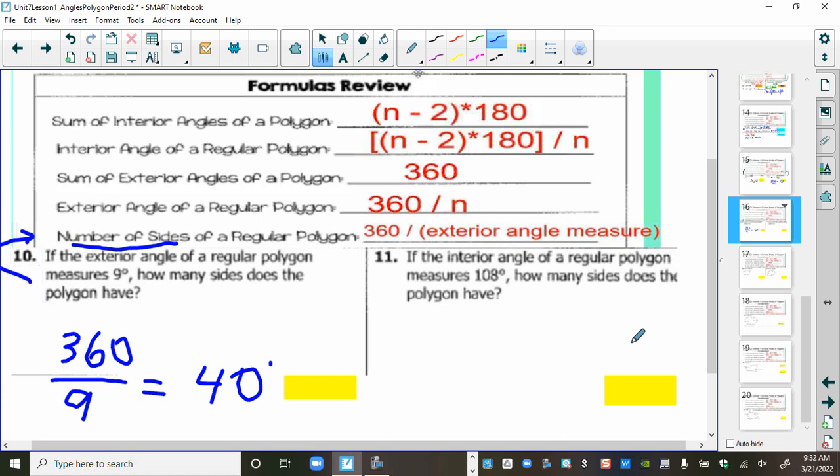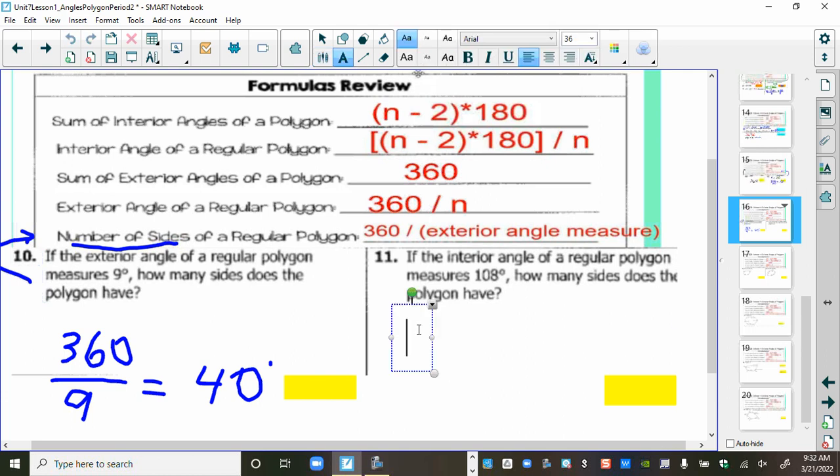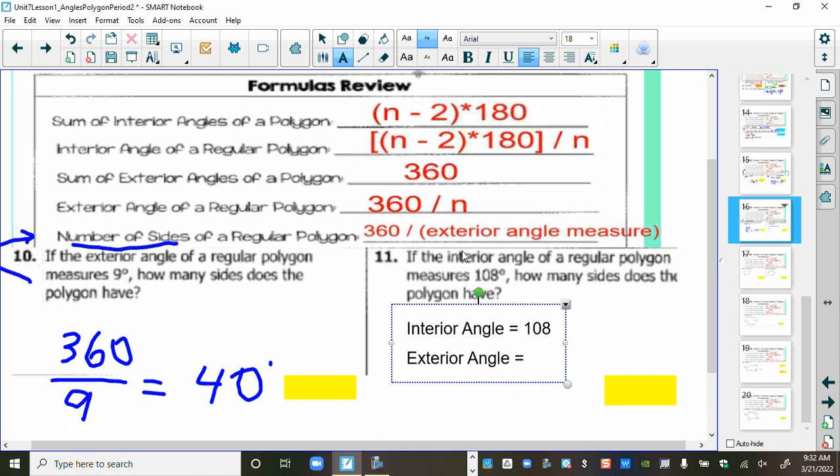Now, this one I want to talk about real quick. The interior angle is 108. Hold on, let me write this real quick. I'll type it. This is going to be the last one we talk about. Interior angle is 108. That must mean the exterior angle equals something else.